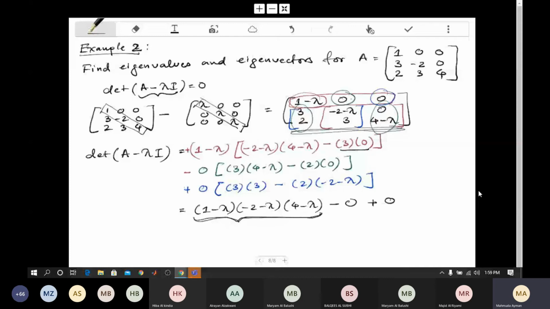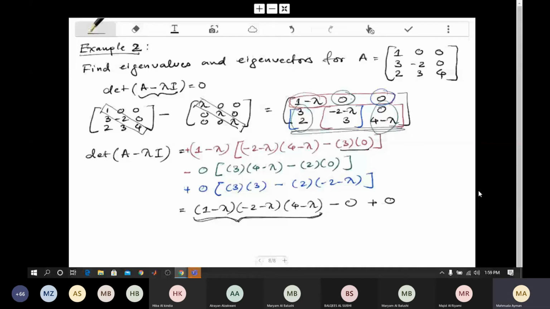So here if we equate the polynomial to 0, we have 1 minus lambda times minus 2 minus lambda times 4 minus lambda is equal to 0.